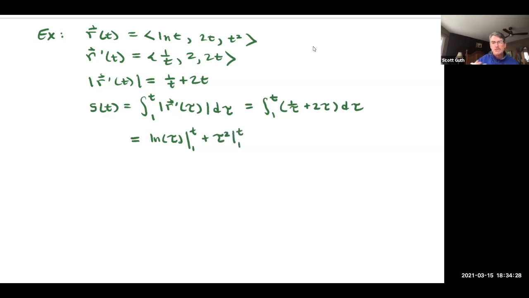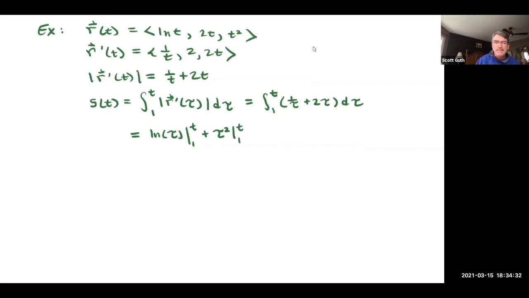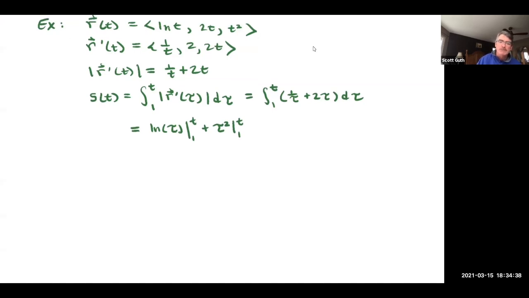The tau, we call that a dummy variable. It's just holding a spot until you put the t in for tau. We don't like it when you substitute a variable into itself, so we have to use a dummy variable. But now you can do that substitution. So you get natural log t minus natural log 1, which is 0, and then plus t squared minus 1.